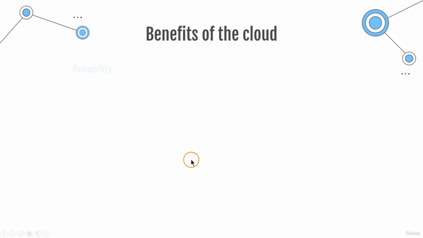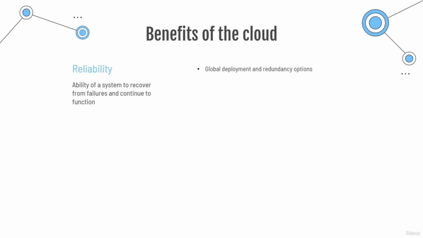Let's continue with the benefits of the cloud. We have reliability. This is referring to the ability of a system to recover from a failure and also to continue functioning. And this is achieved through global distribution. So we can deploy our resources worldwide to multiple regions, and with that we have redundancy options.